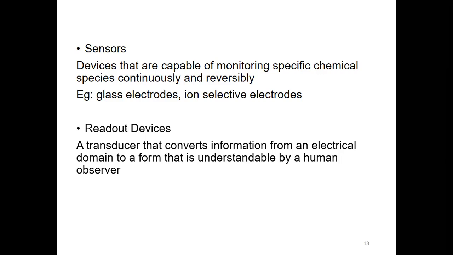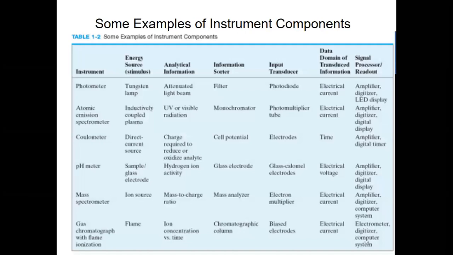The output transducer transfers the information which is in the electrical domain to a signal understandable to the human. So that is the readout device. Those are the examples of those instrumental components, and I took this directly from the textbook. You can refer to that.